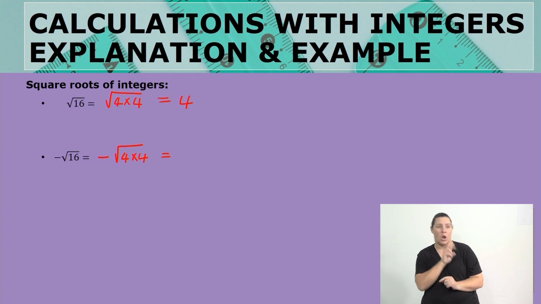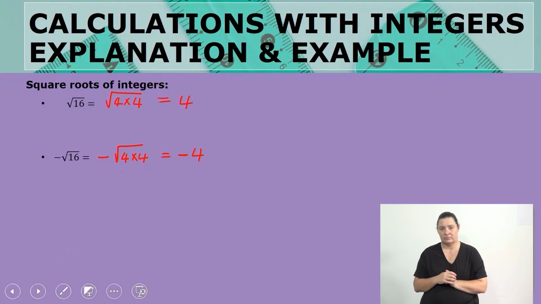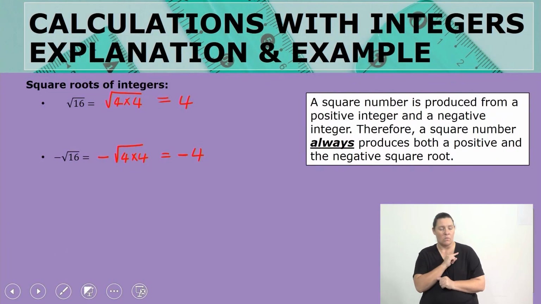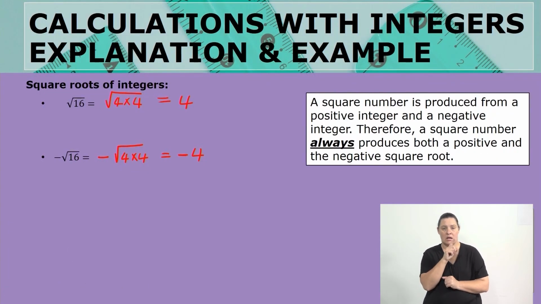But because we are looking at the negative square root of 16, we are going to say that our answer is a negative 4. So what does this mean? Because a square number is produced from a positive integer and a negative integer, a square number always produces a positive and a negative square root.